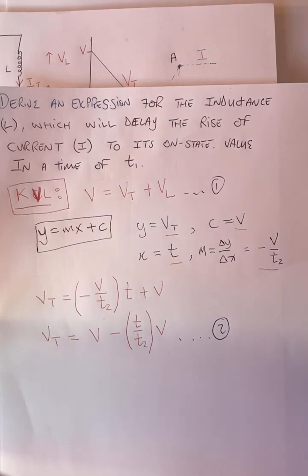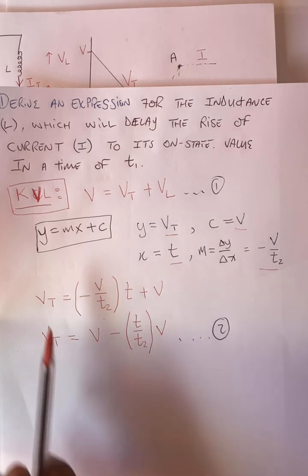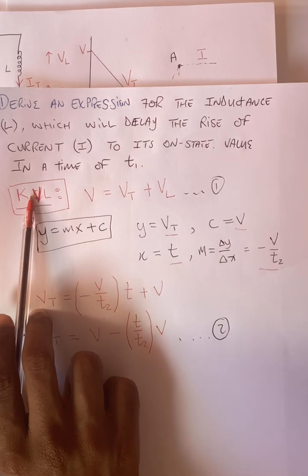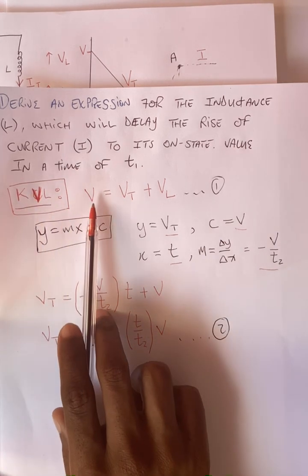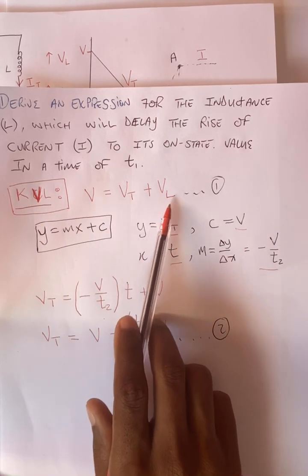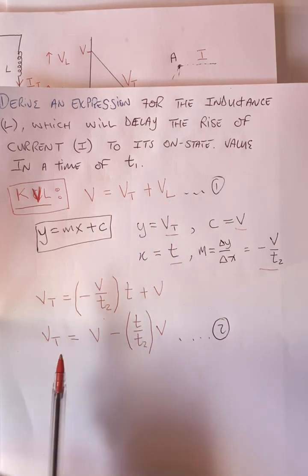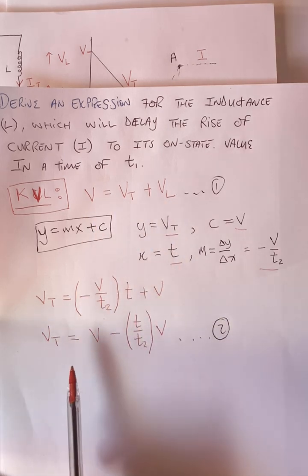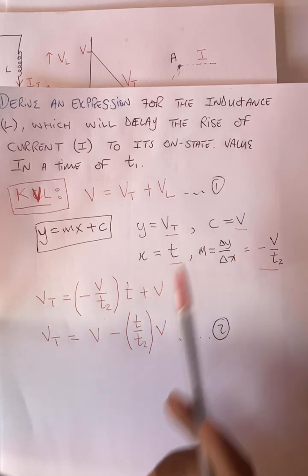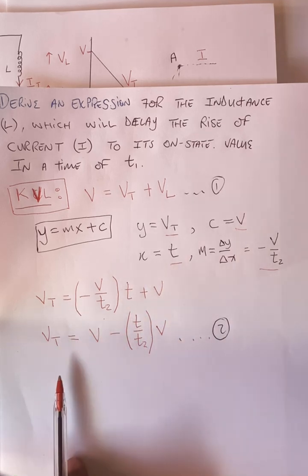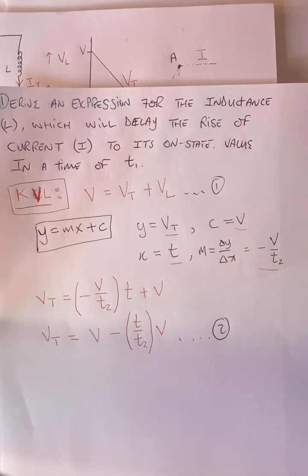So now, what are we noticing? What we are noticing here now is the following. According to KVL, Kirchhoff voltage law, V is equal to Vt plus VL. That part is understandable, meaning it's digestible, mathematically speaking. Then also, from the graph, we've deduced the following.